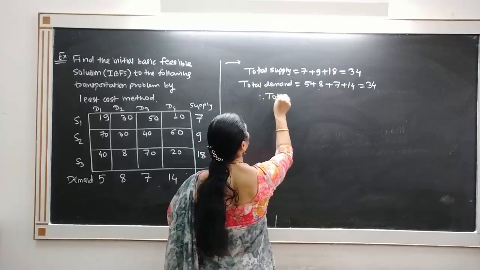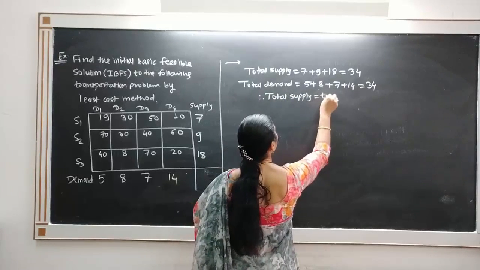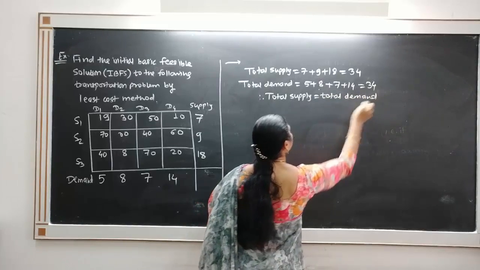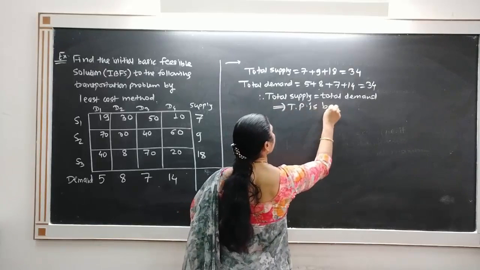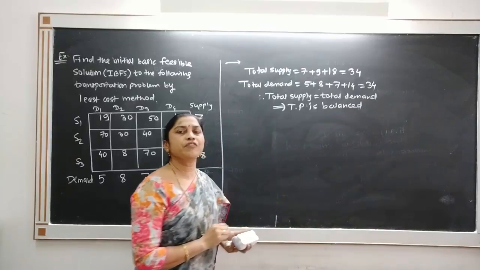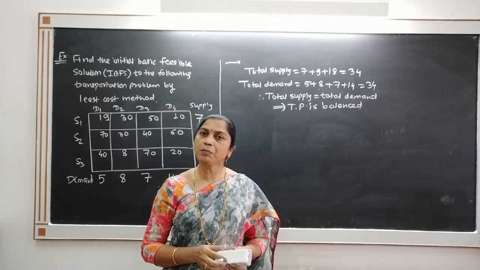Therefore total supply equals total demand, which implies the problem is balanced, and we can apply the method.